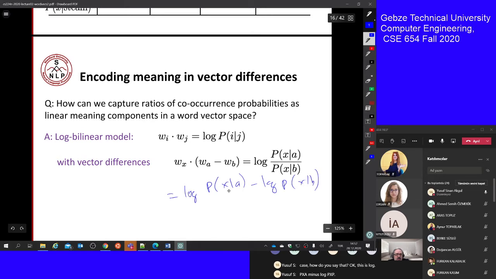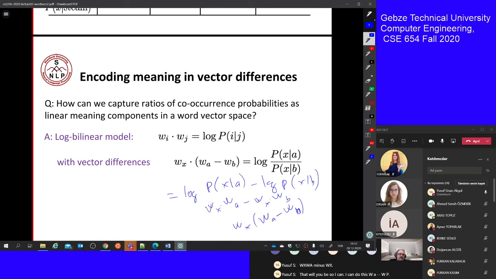Okay, so that is w_x w_a minus w_x w_b. So I can do this: w_a minus w_b. Okay, so it turns out that I am using these dot product stuff, and I can relate it to co-occurrences too. I am using both ideas at the same time.